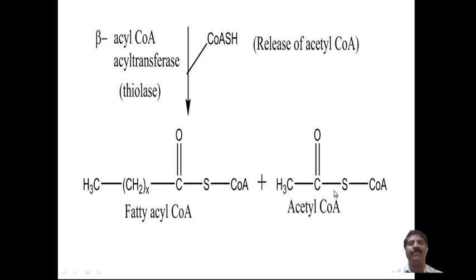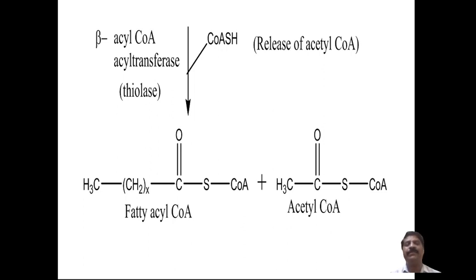Therefore, a two carbon atom fragmentation takes place, and this is the end product. This is nothing but beta oxidation of fatty acids in general form, also called the spiral form.